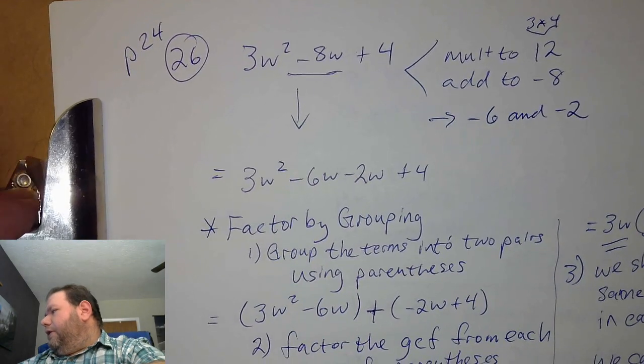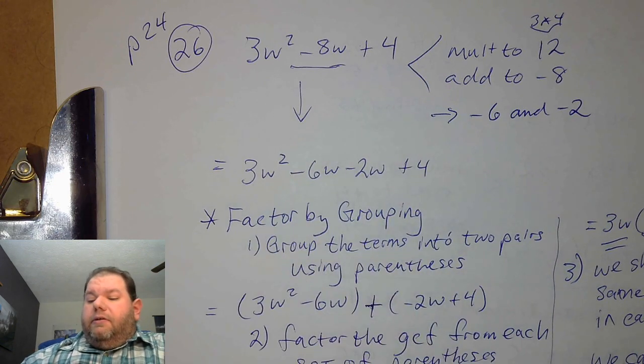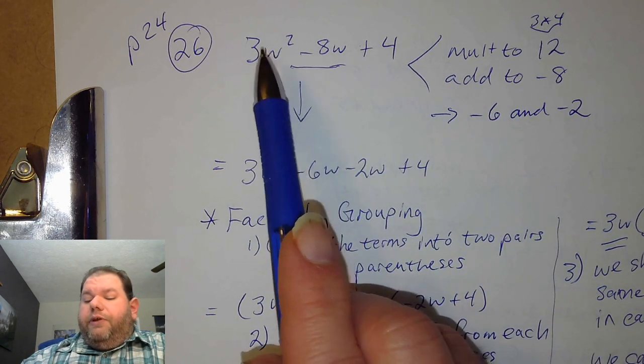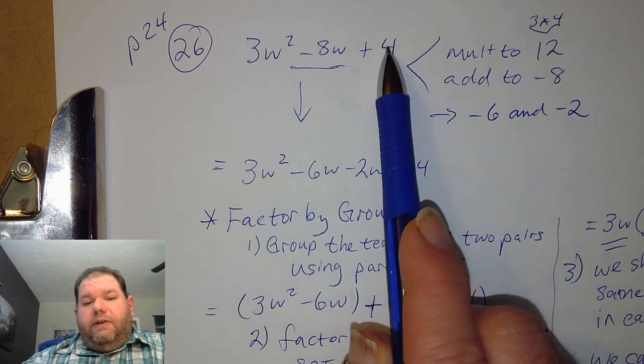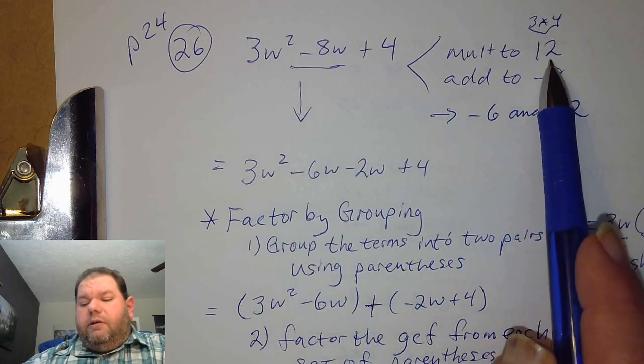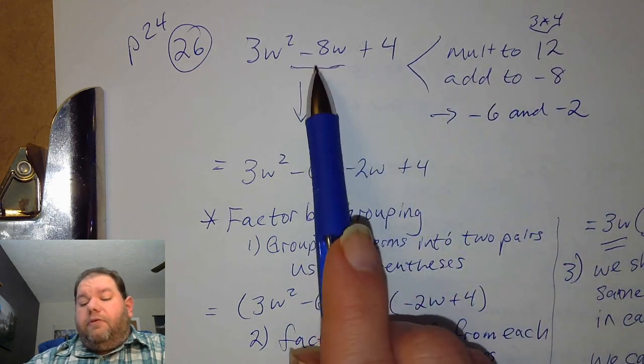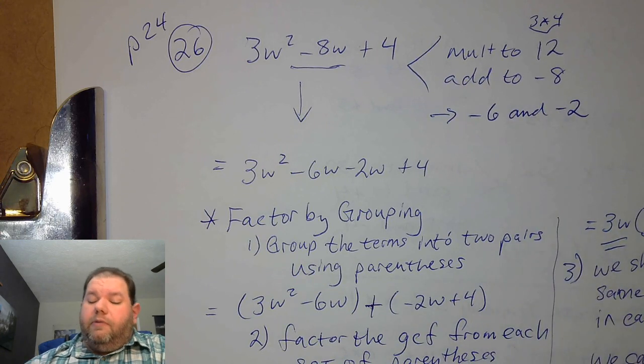So to recap, this particular problem is kind of a doozy. We had that A is 3, C is 4, so 3 times 4 gives us a 12. So we know we need two numbers that multiply to 12 and then add up to the middle number, -8.